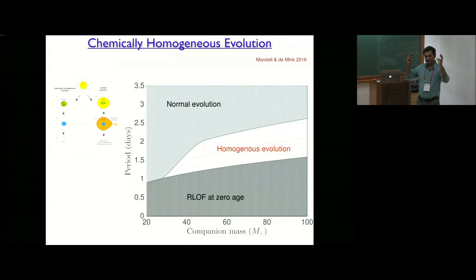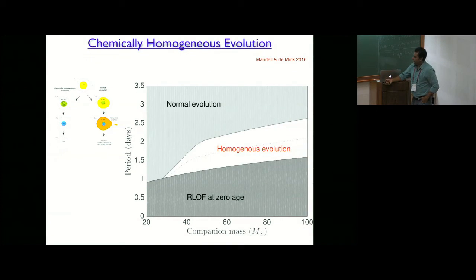Both stars go through this chemically homogeneous evolution and create very massive black holes, and since no one ever became a giant, no one lost any significant mass, the orbit never expanded, so they can merge within a Hubble time.